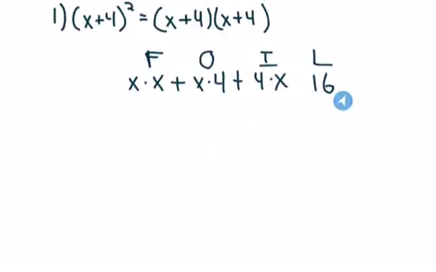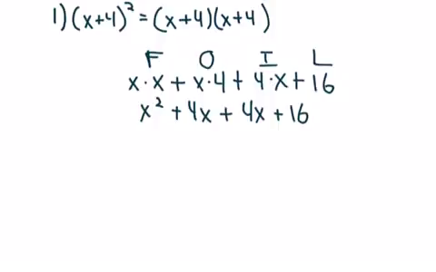And we also know that the 16 is positive, so I will add that term, which gives me x squared, because x times x is x squared, plus 4x, because x times 4 is the same as 4x, plus 4 times x, which is the same as the last term, 4x, and then plus 16, I'll just bring that down.